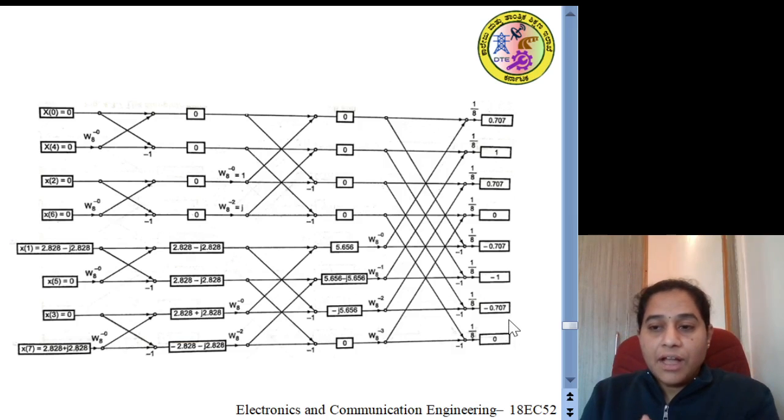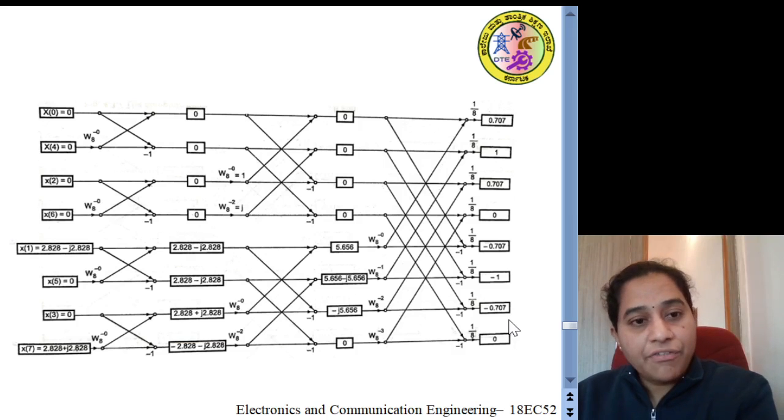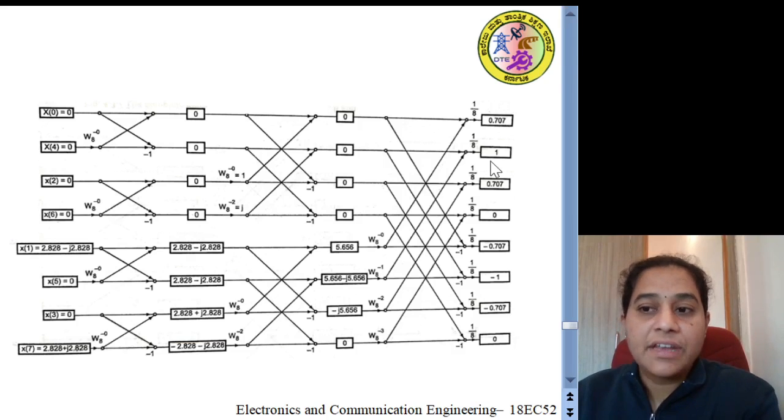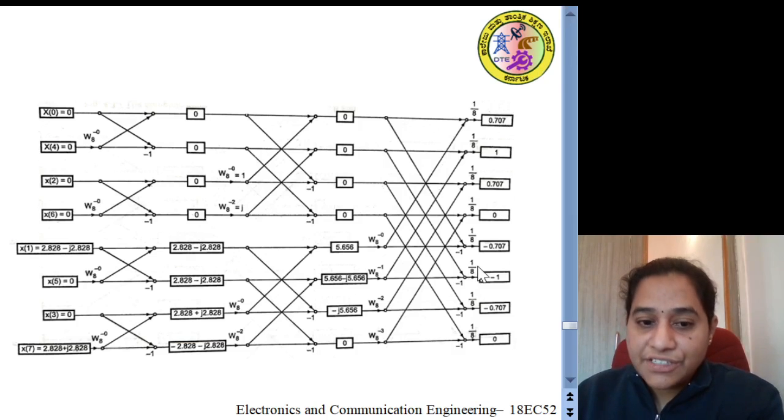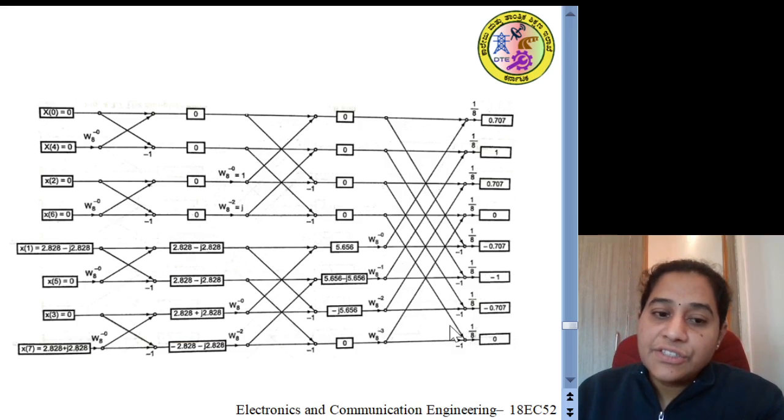So our value of IDFT x of n for the given x of k is x of n equal to 0.707, 1, 0.707, 0, minus 0.707, minus 1, minus 0.707 and 0.